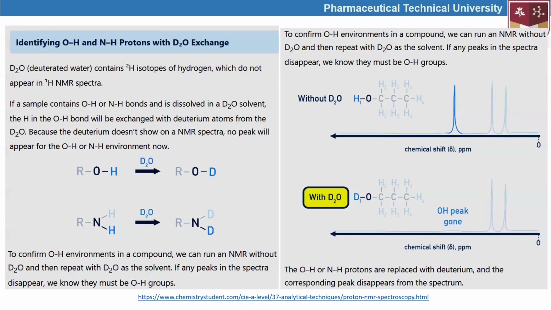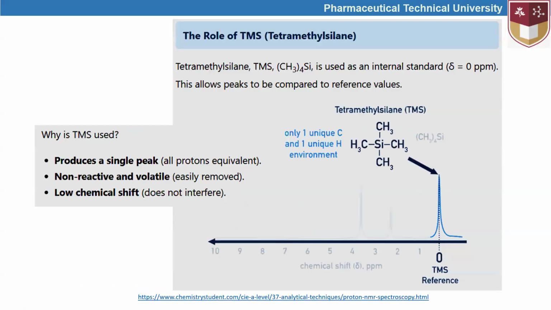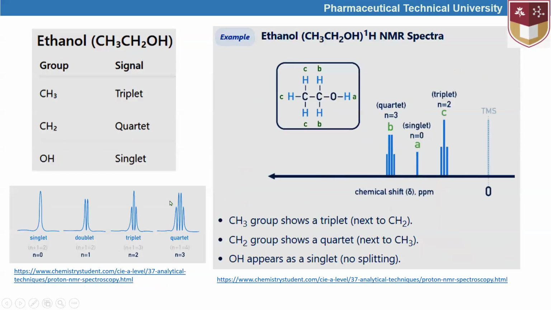Again, let me remind you not to be confused, this structure. Singlet belongs to this one because it belongs to a hydrogen that has no adjacent hydrogen. And triplet belongs to two hydrogens that have two adjacent carbons.